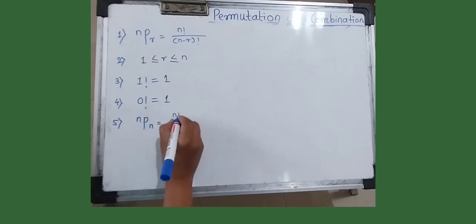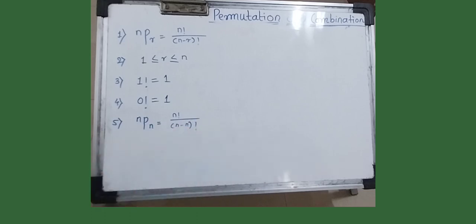Put it into the formula: n factorial upon (n minus n) factorial. n minus n is 0 factorial, and 0 factorial is 1. So nPn is n factorial. Directly learn this identity.